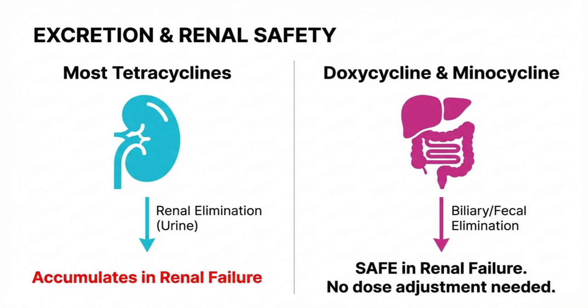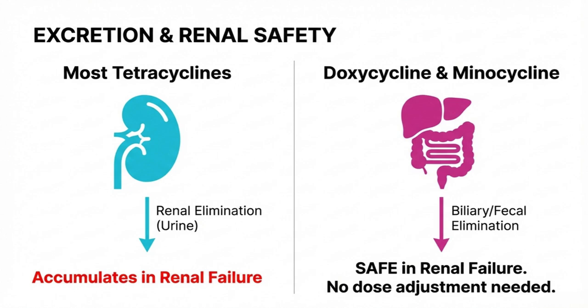Excretion. Most tetracyclines are excreted by the kidneys through glomerular filtration. Some amount is also excreted through bile and feces. Because of enterohepatic circulation, the drug levels in the body are maintained for a longer duration, which contributes to their sustained action.